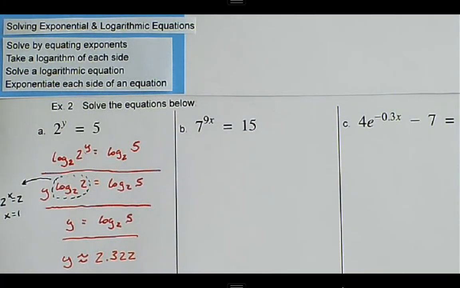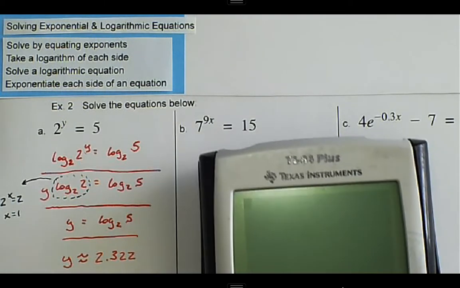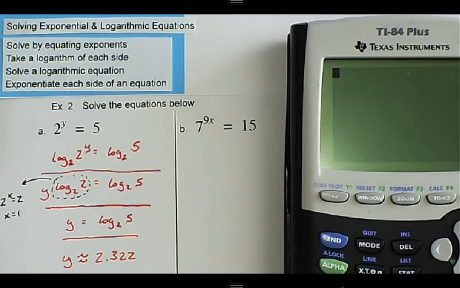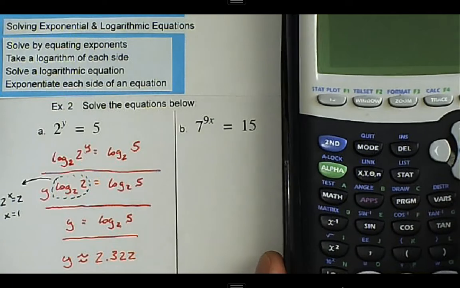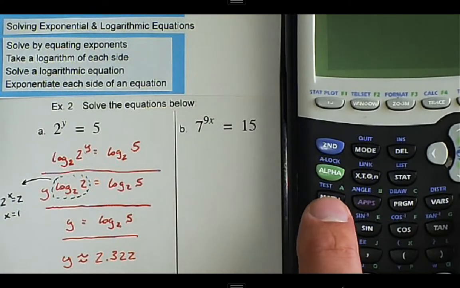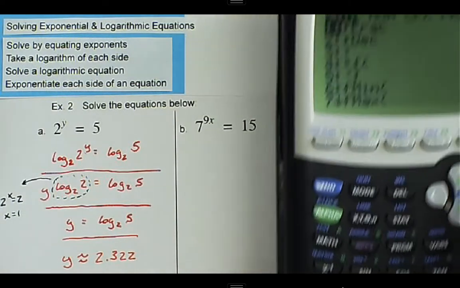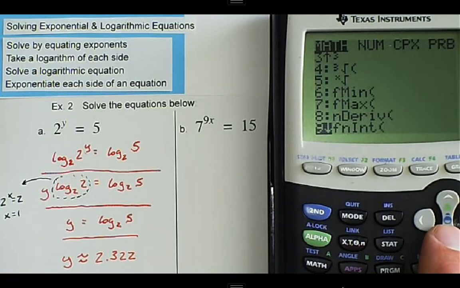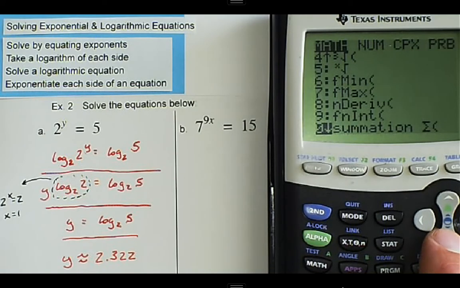I just want to remind us of how we can substitute that in. We can click the math function, and then we can scroll down until we get to log base.